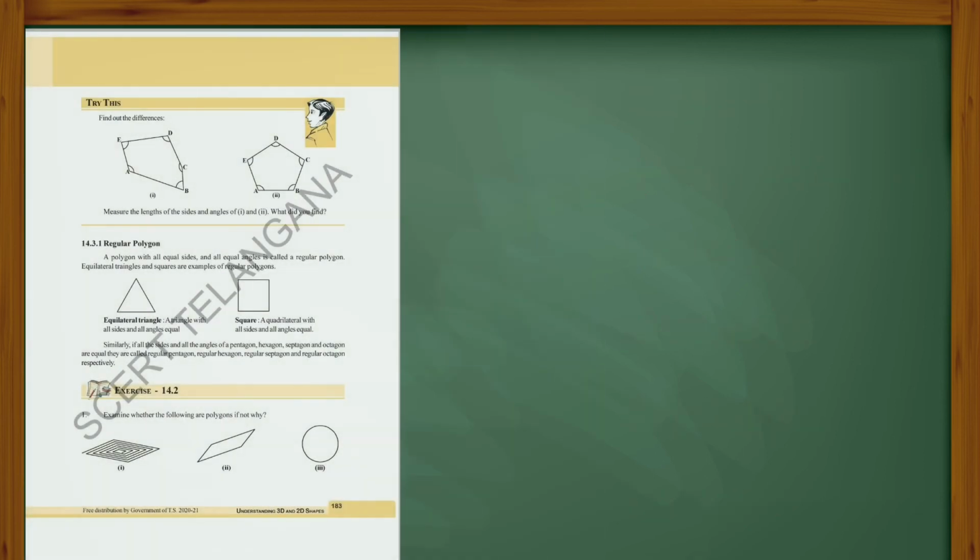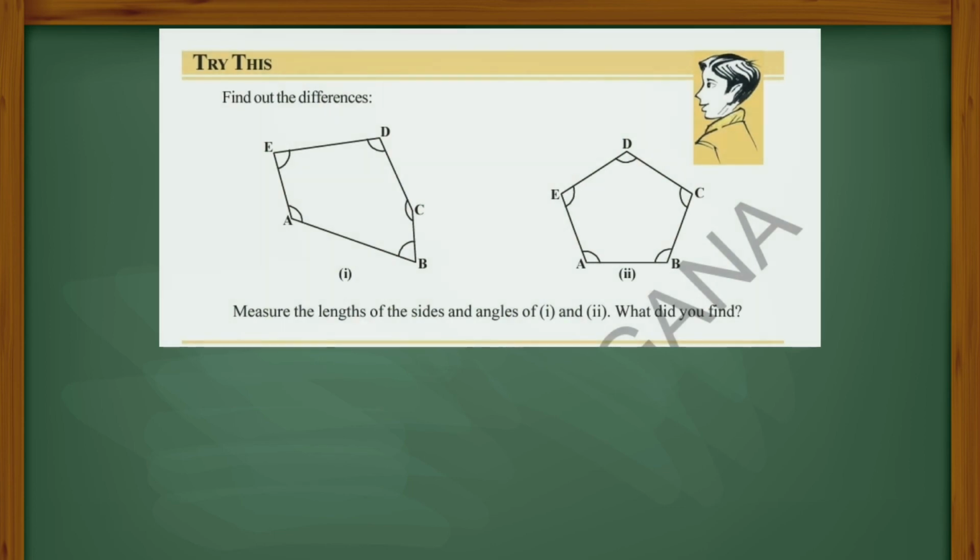Now, turn to page number 183. Here, one activity is there. Try this. Here, 2 figures have been given, 1 and 2. Measure the lengths of the sides and angles of 1 and 2. What did you find?